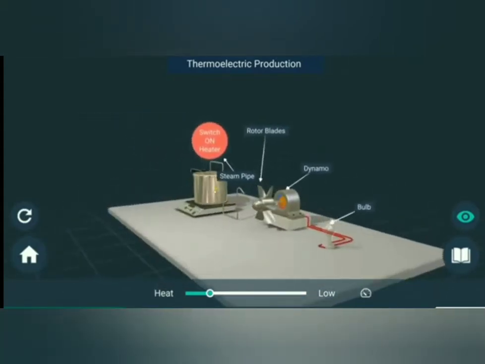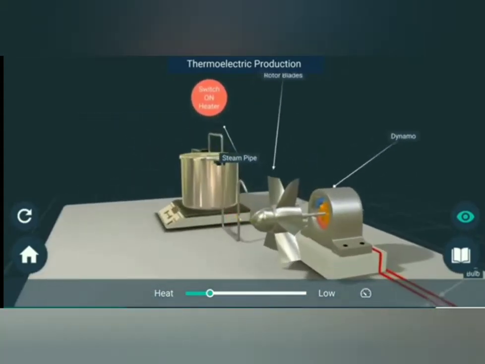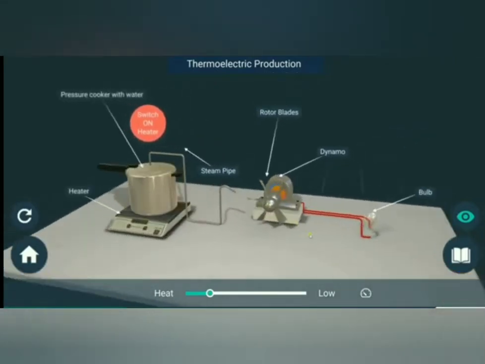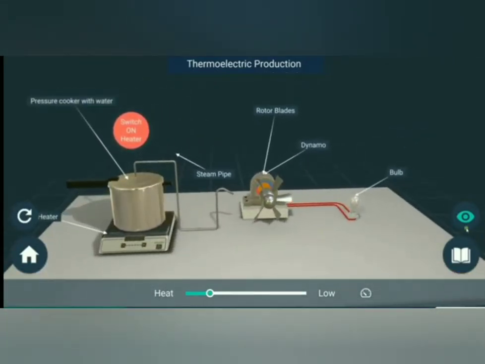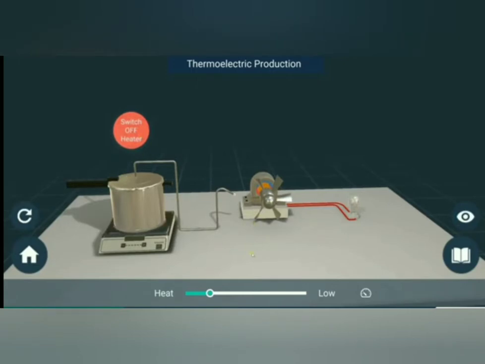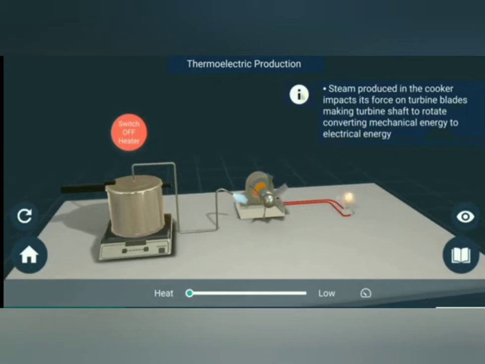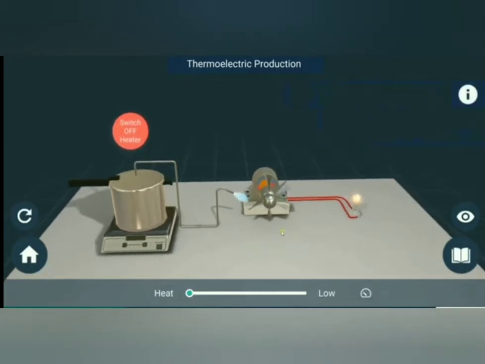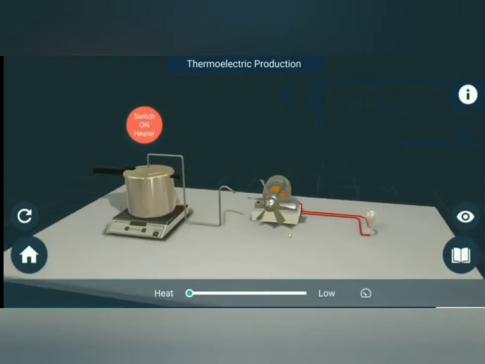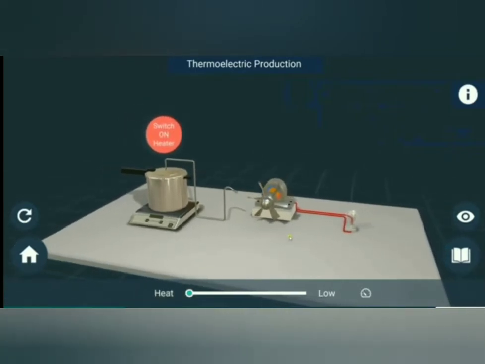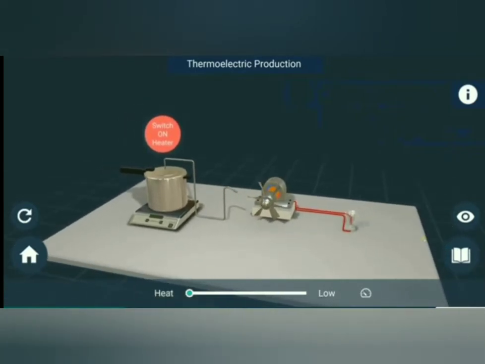A small turbine, dynamo and bulb are connected in series and placed near the end of the steam pipe. You switch on the heater and observe: the turbine starts to rotate and the bulb glows. Thus we can see mechanical energy converted into electrical energy. This is a small plant for generating electricity, and this is how big thermal electric plants also work.